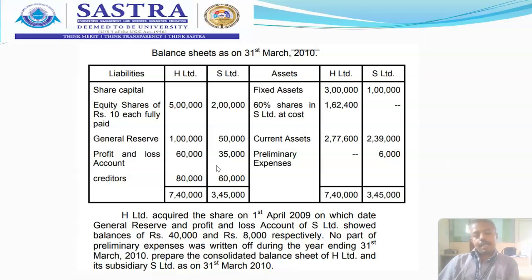Similarly, let us calculate the revenue profit which belongs to the outsiders. Out of the revenue profit of 37,000, which we calculated as a working amount, 40% needs to be taken. So how was that 37,000 prepared and calculated? We opened the profit and loss ledger account and posted the opening and closing balance as well as the transfer to general reserve.